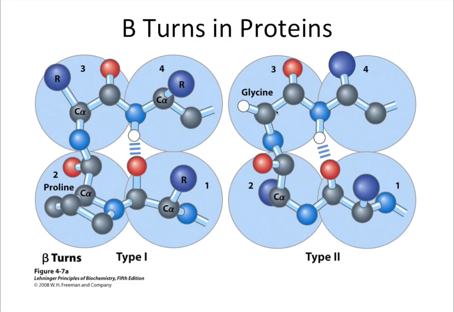And again, this is just due to the flexibility of glycine allowing that. And in both cases, you'll notice that additional help for stabilizing the beta turn structure is provided by hydrogen bonding, again, between a carbonyl group and then this hydrogen that's attached here. In both cases, oxygen and hydrogen.